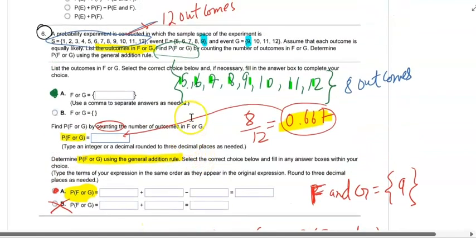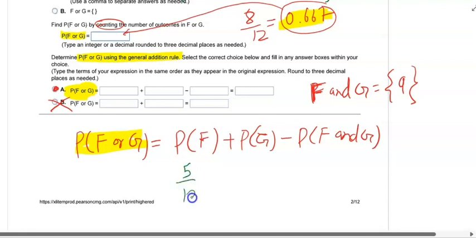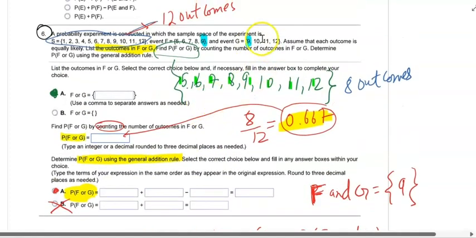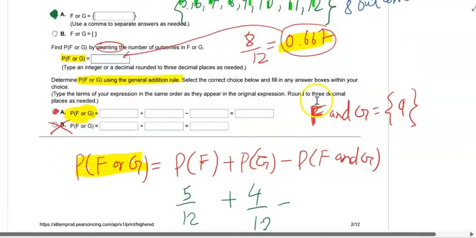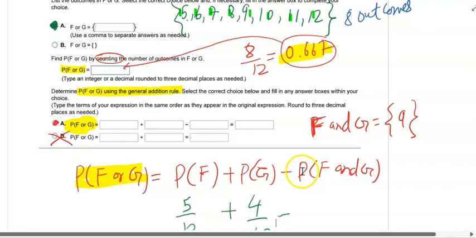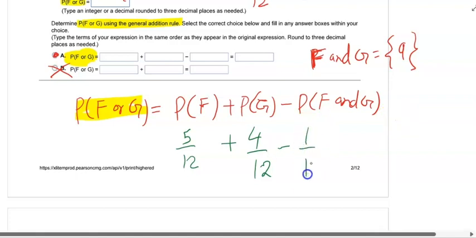How many in F? 1, 2, 3, 4, 5. Therefore, 5 out of 12. That's the probability of F. Plus, what's the probability of G? How many in G? 1, 2, 3, 4. 4 out of 12. Minus, how many outcomes in F and G? Only one. 1 out of 12.